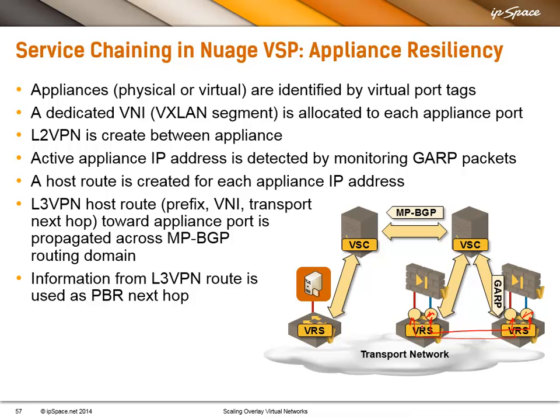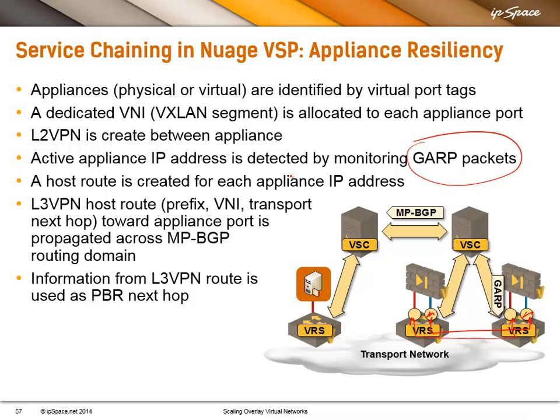Then the two appliances start doing whatever they do, and one of them decides that it's active. The usual way to indicate that an appliance is active is by sending a gratuitous ARP with the shared IP address of the appliance and the MAC address of the appliance that is currently active.